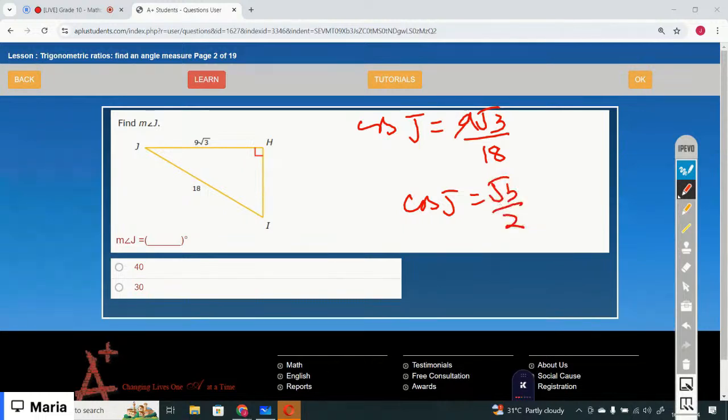So cos 30 is square root 3 by 2, right? So the correct option is 30 degrees.